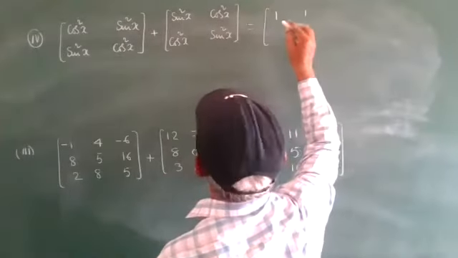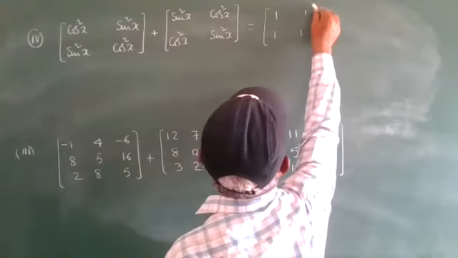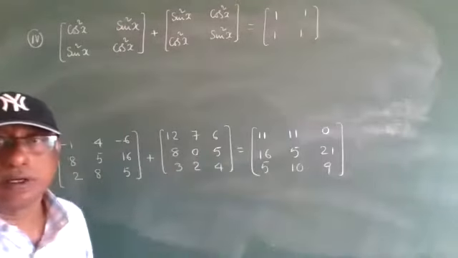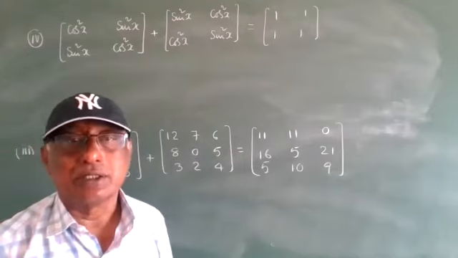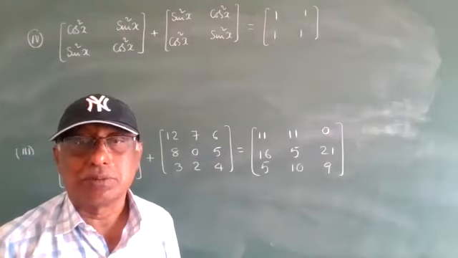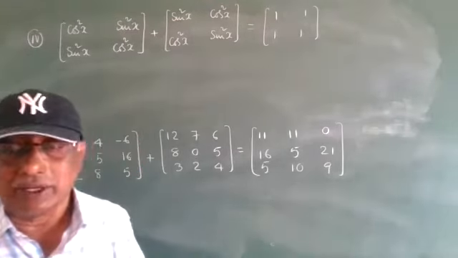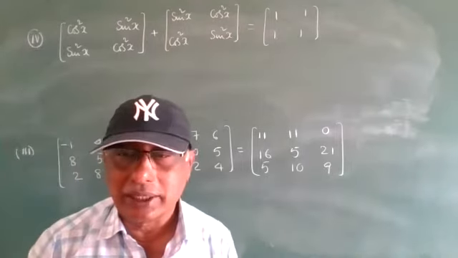Sin square x plus cos square x is 1. 1 is the answer. Very good. 1 is the correct one.